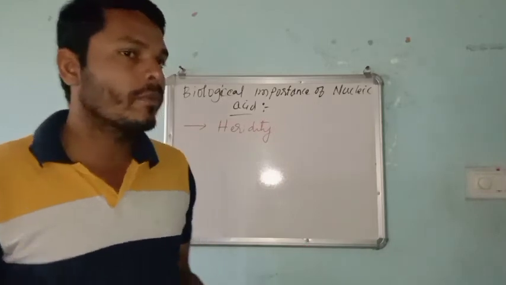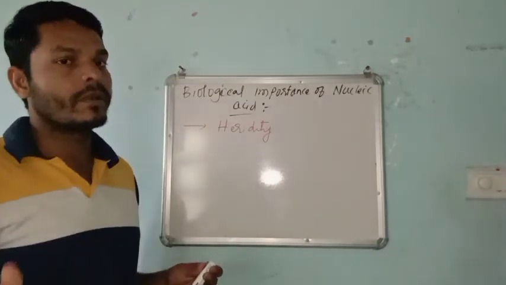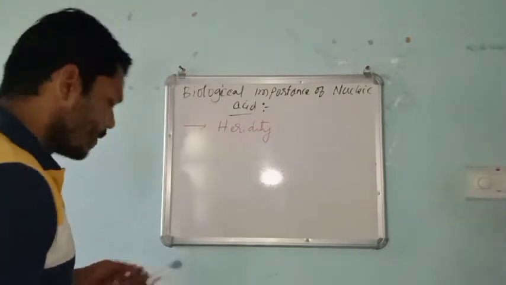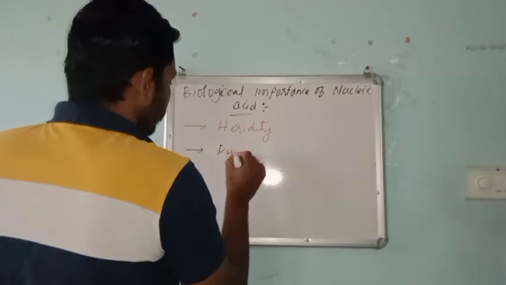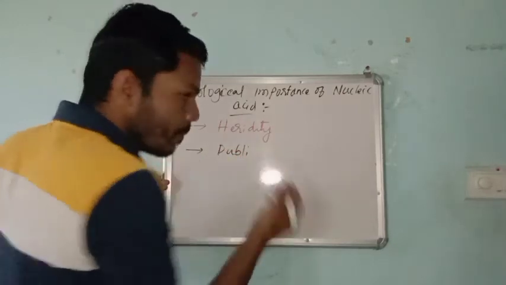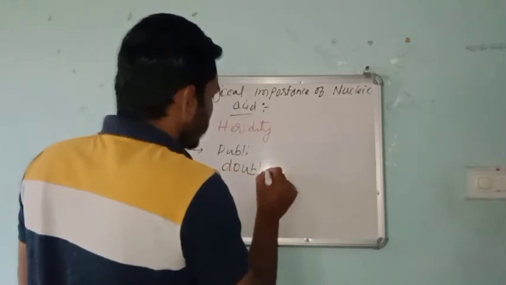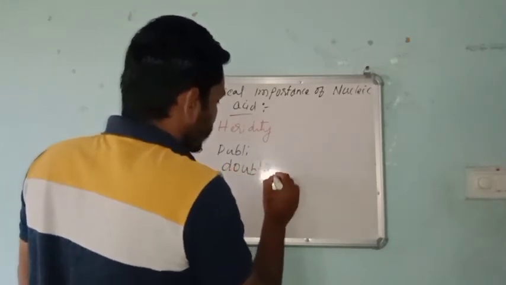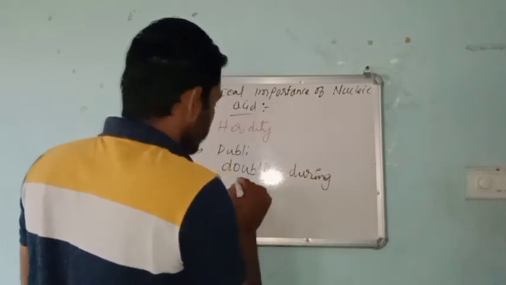The DNA molecule is capable of duplicating itself during cell division, right? It will make duplicate copies, or doubling, very simply, during the cell division process.